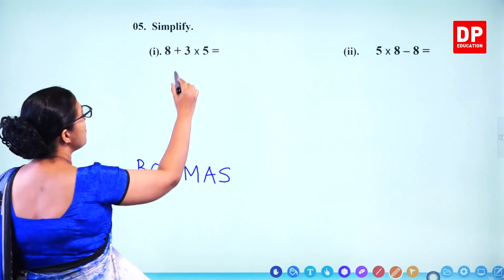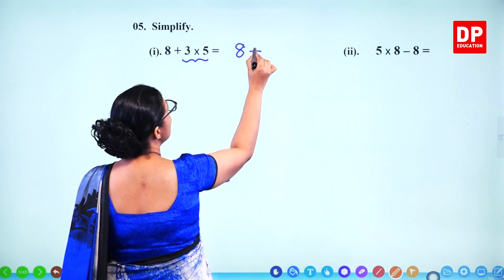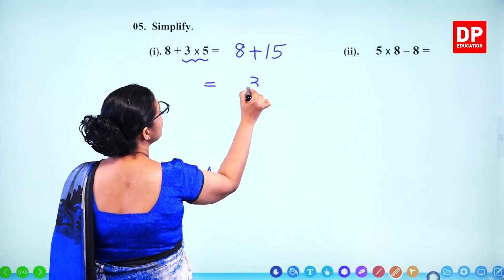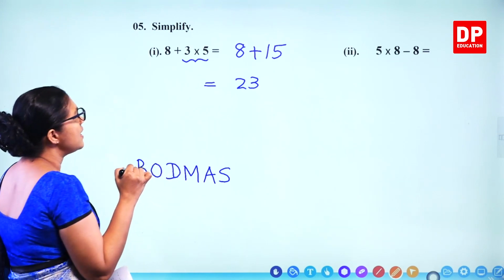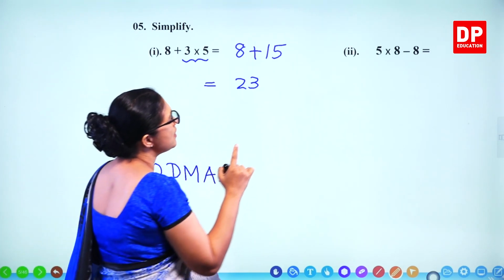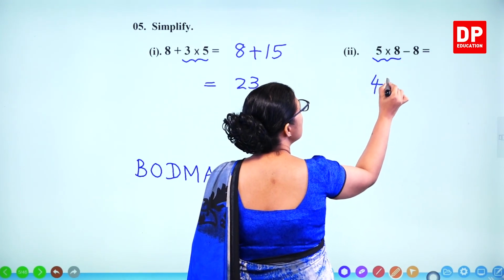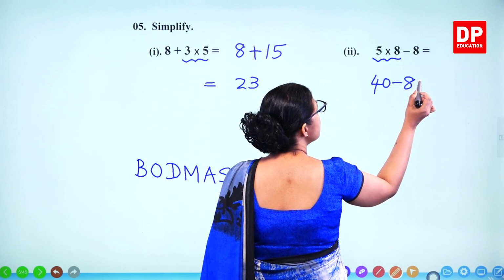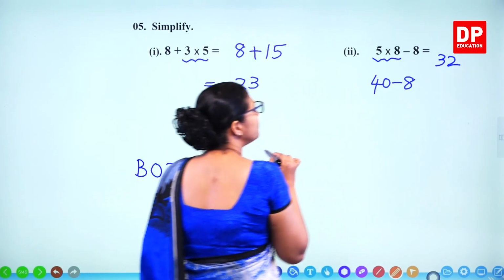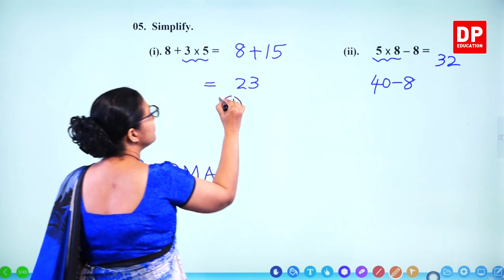Here you have to multiply first. 3 times 5, that's 15. 8 plus 15, that's 23. What about this one? Again, multiplication from left to right. 5 times 8, 40. 40 minus 8, you get 32. So you get 2 marks, 1 each.